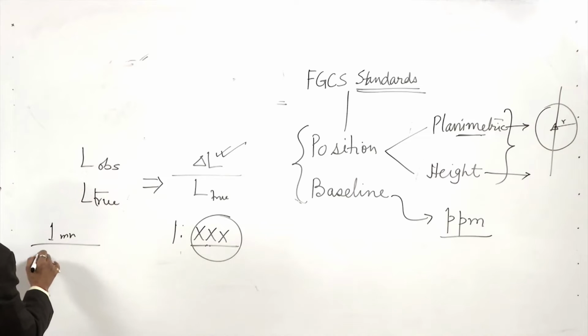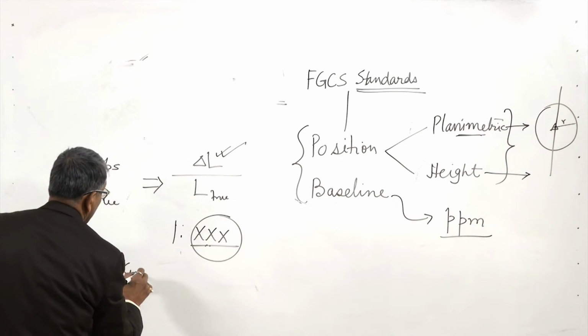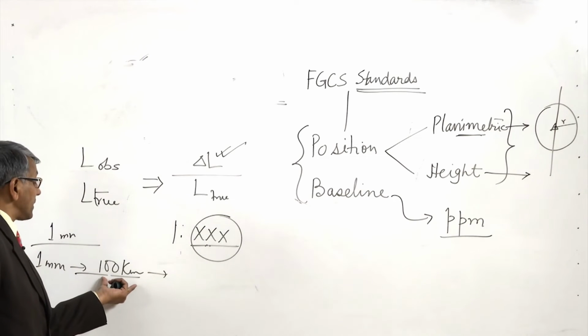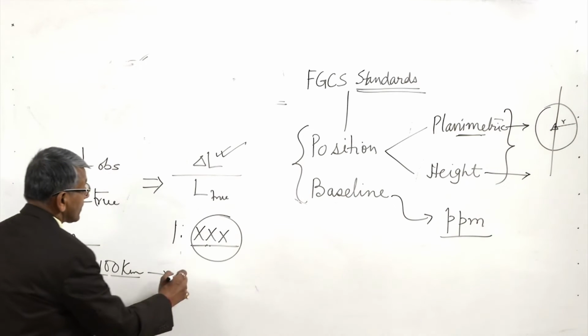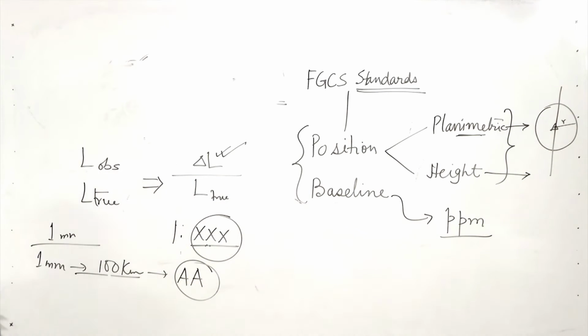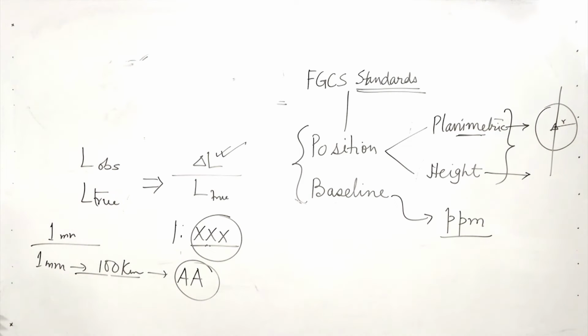That means 1 millimeter error in the measurement of 100 kilometers. If we can achieve this error, 1 millimeter error in 100 kilometer measurement of distance or baseline, then we can say that the order achieved is AA. In that way different orders have been christened. So, this is the standard.